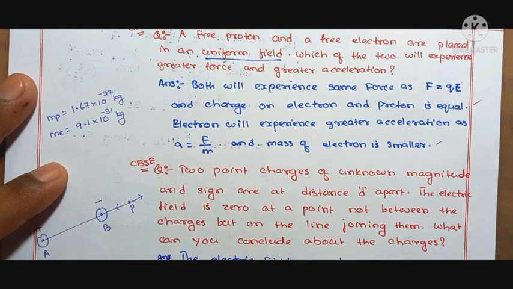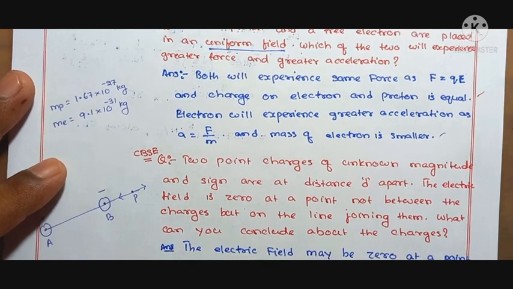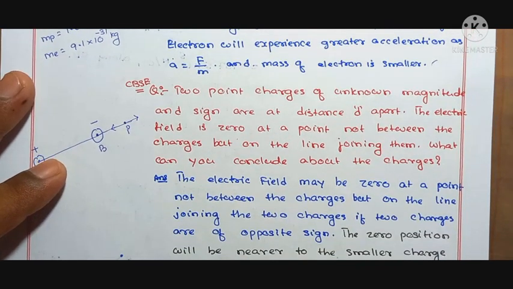So in case of electron, mass is 9.1 into 10 power minus 31 kg. Proton is 1.67 into 10 power minus 27 kg. So electron is lighter as compared to proton. So acceleration is more.